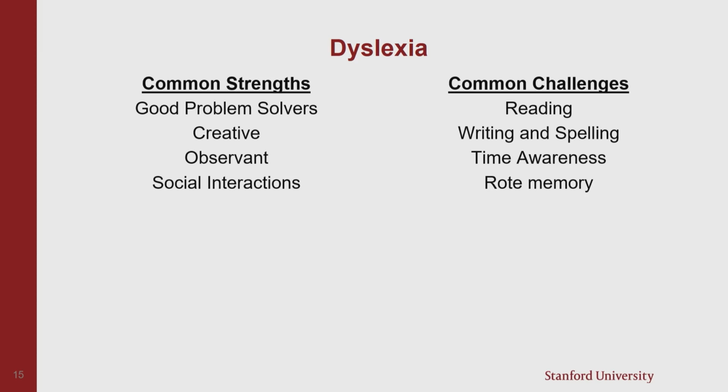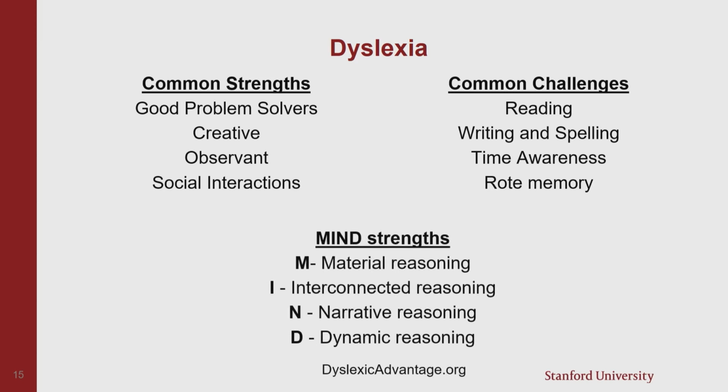They are generally very good problem solvers and synthesizers, and they are very observant and very good socially. Sometimes I like to use this acronym, MIND strengths. Dr. Olfish introduced this acronym to me. So M stands for material reasoning, I for interconnected reasoning, N is narrative reasoning, and D is dynamic reasoning.